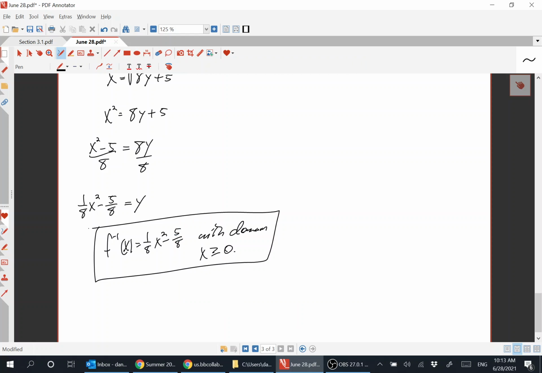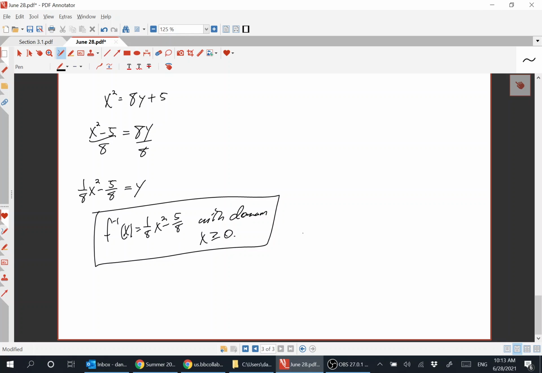How about this? This is an important example, and it seems that they don't have it. Oh, they do. They have it in the book. Number 70. Very important example, number 70.